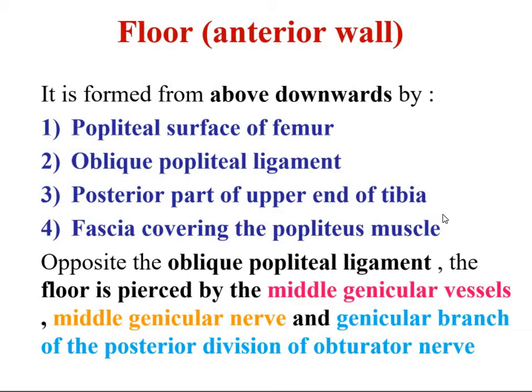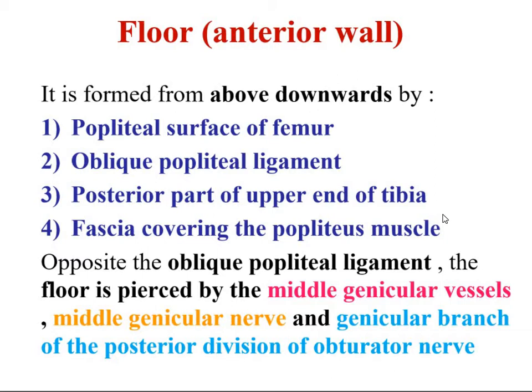So the floor is the one which is lying beneath. In the standing position, that is the anterior part of the knee joint. So the floor when the person is lying prone, and the anterior wall when the person is standing, are the same thing.